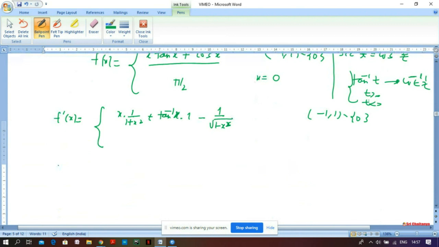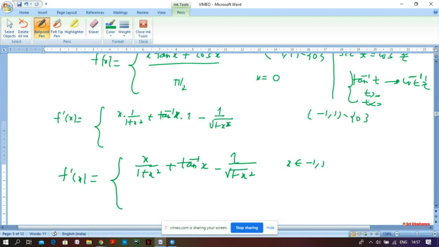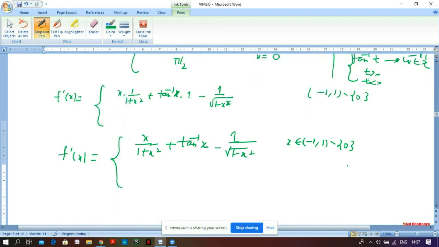So I record them here: by simplifying, f prime x is x upon 1 plus x squared plus tan inverse of x minus 1 upon root of 1 minus x squared. That is when x belongs to minus 1 to 1 with 0 subtracted.